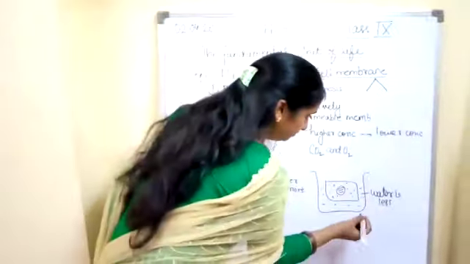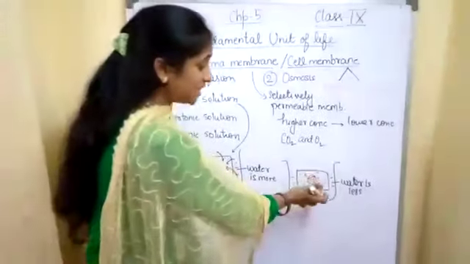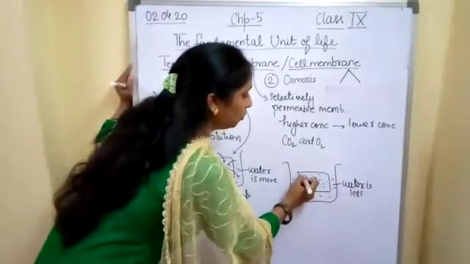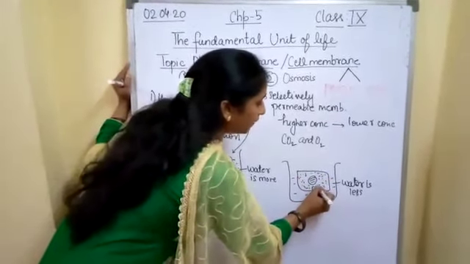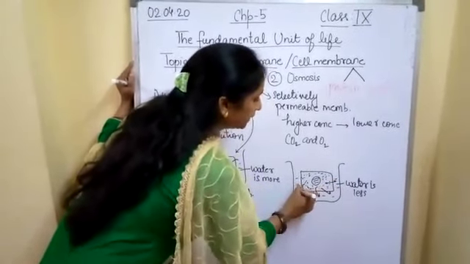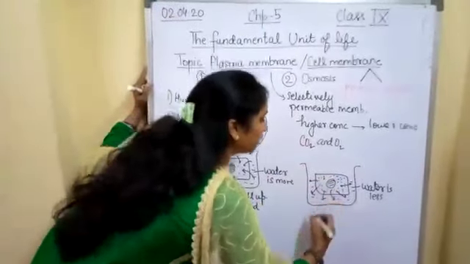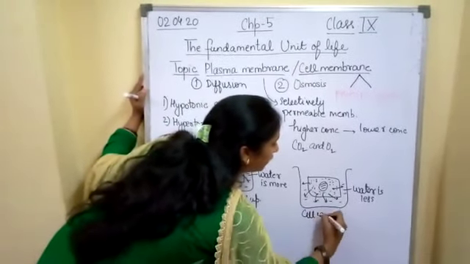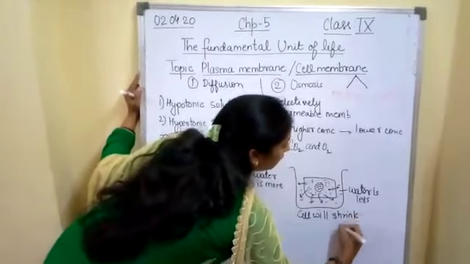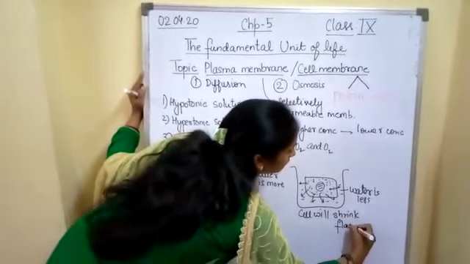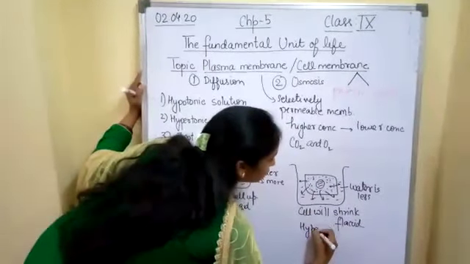So what will happen? Water is less here and the cytoplasm is more concentrated. So what will happen? The water present inside the cytoplasm will move out. Once the water will move out, cell will shrink or the cell will become flaccid. In which solution? Hypertonic solution.